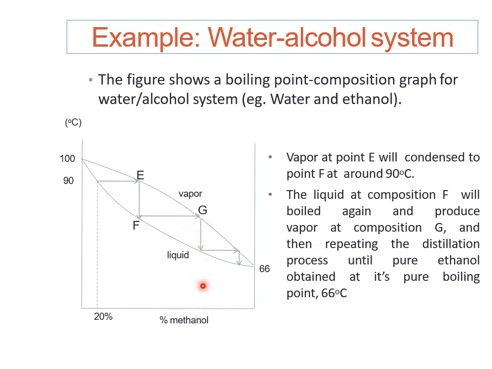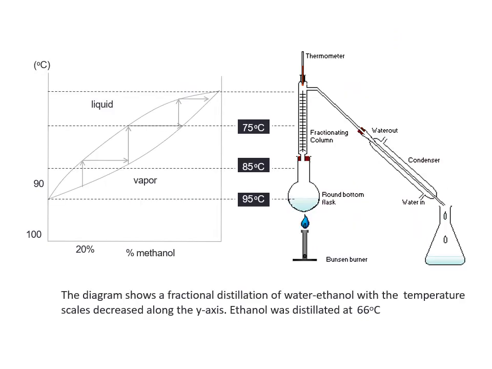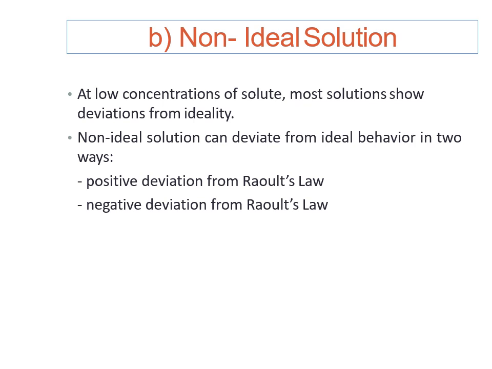At this point the percentage of methanol might be around 70%, and then it's going to evaporate again, equilibrate and condense until the process is finished. So the concept is just like fractional distillation that I mentioned before, which happens in ideal solutions.